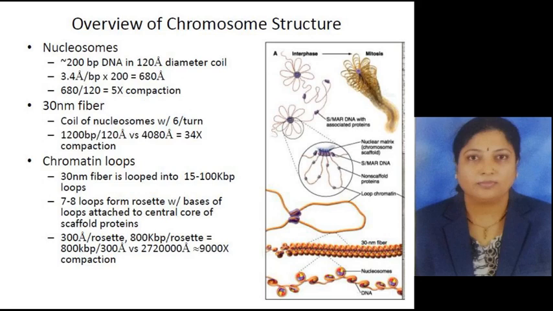The chromatin loop is the basic unit of interphase nuclear organization, as chromatin is the complex of DNA and protein found in eukaryotic cells. Its primary function is packaging long DNA molecules into a more compact and denser structure.